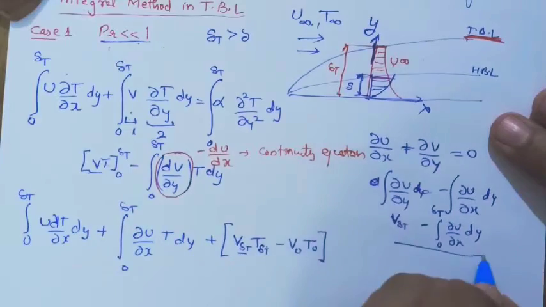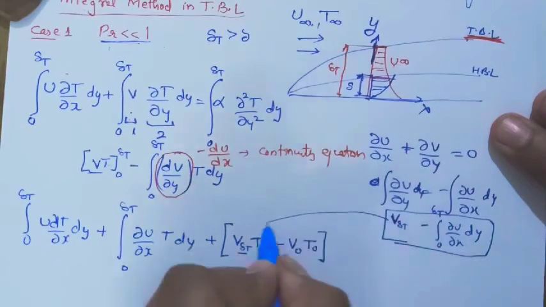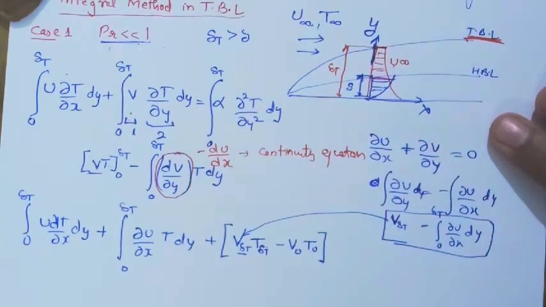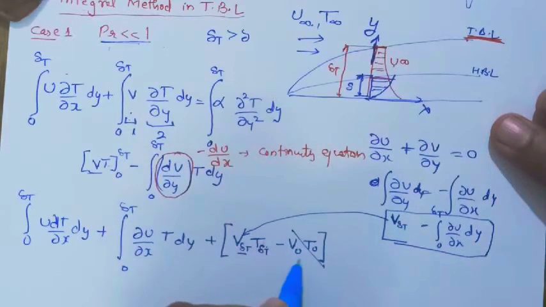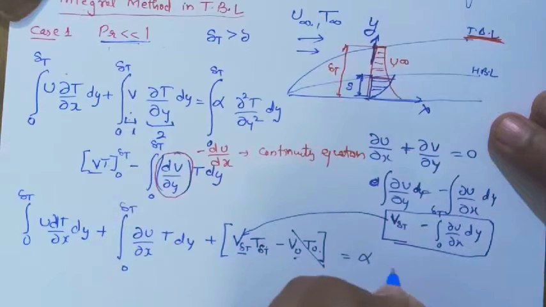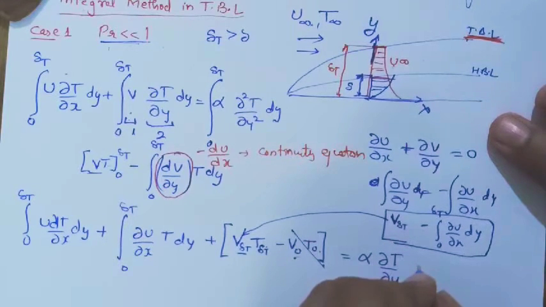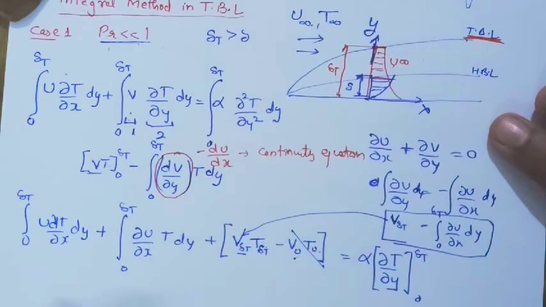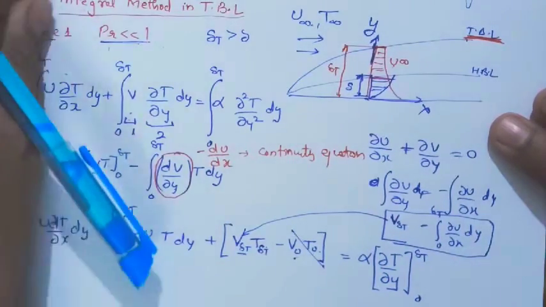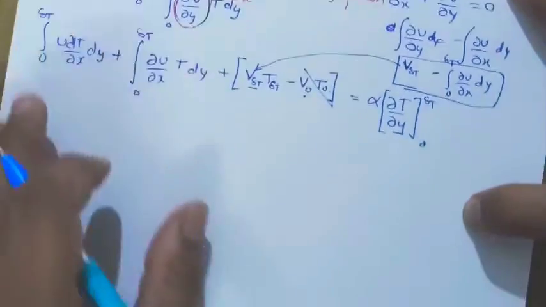So I'll replace this term here, and this vanishes because V at 0 is 0, so multiplied by any temperature it will be the 0 term. And on that side we have alpha dT by dy from 0 to delta T, right?